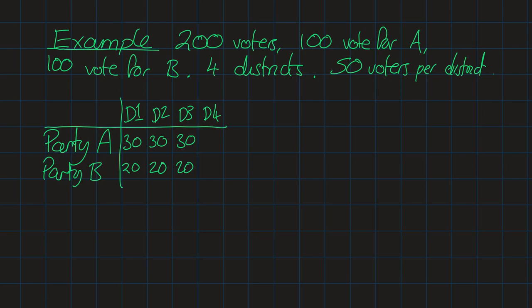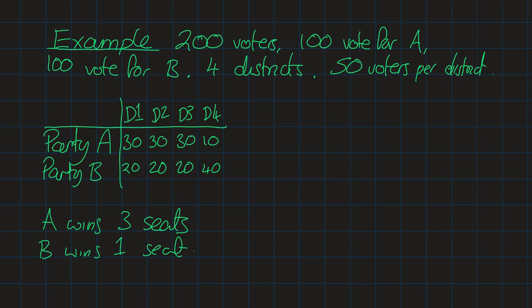District 3, 30, 20. And then district 4, there are only 10 voters left who voted for A, and 40 voters left who voted for B. So in this scenario, A wins 3 seats and B wins 1 seat. B only wins D4, whereas A wins D1 to D3. You could argue that this looks suspiciously gerrymandered in favor of A.